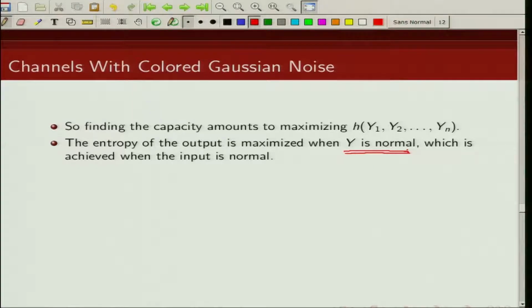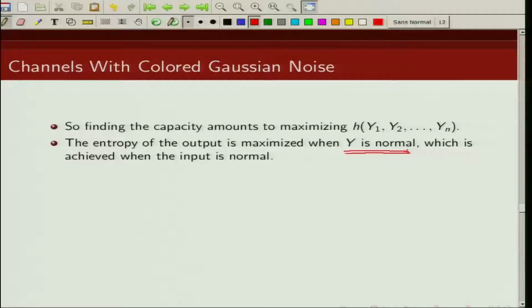So for y to be normal distributed, because z is normal distributed, x also has to be normal distributed. Sum of two Gaussian random variables is also a normal distributed random variable. So the entropy is maximized when y is normal distributed, which is achieved when input is also normal distributed.